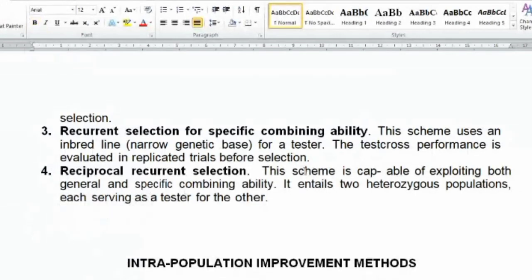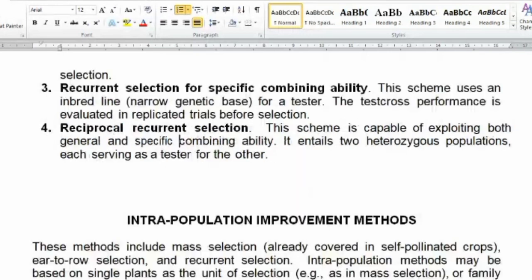Now, this scheme is capable of exploiting both general combining ability and specific combining ability. And it entails heterozygous populations, each serving as a tester. So details we will see when we get to specific types of selections.